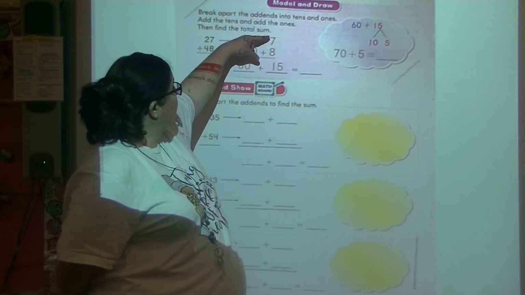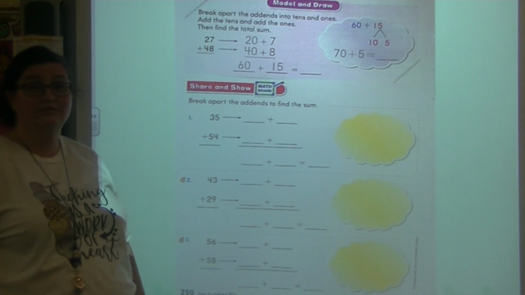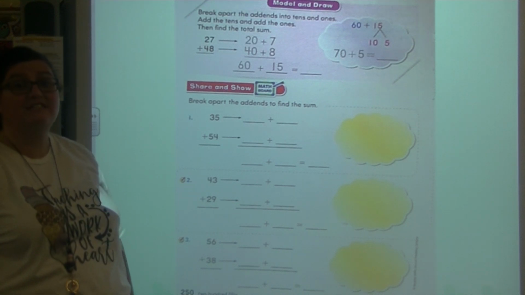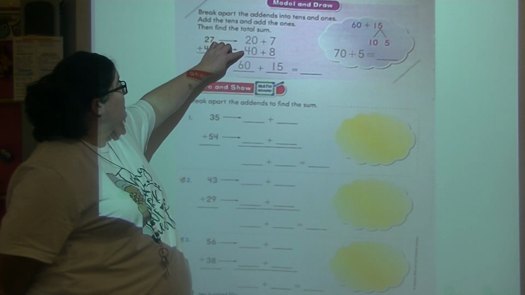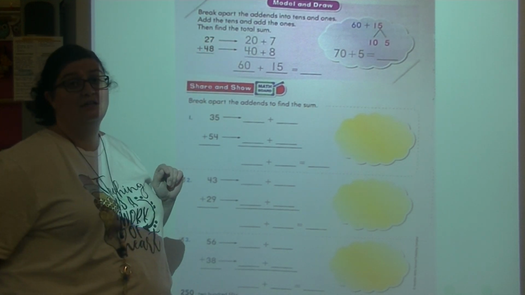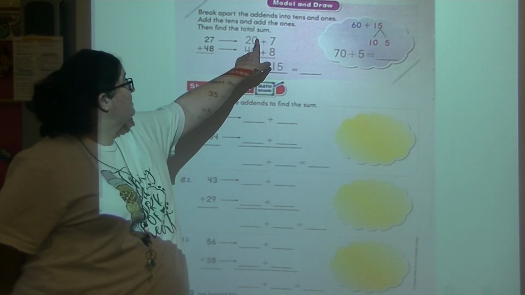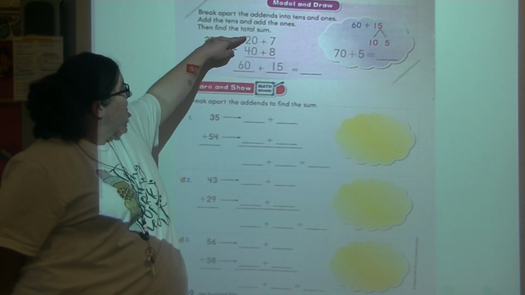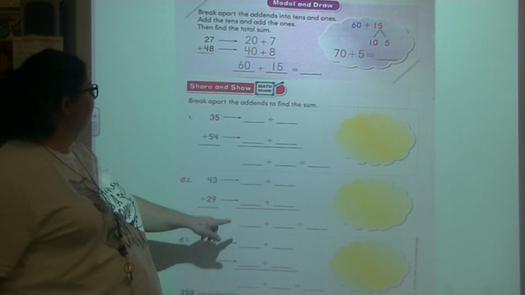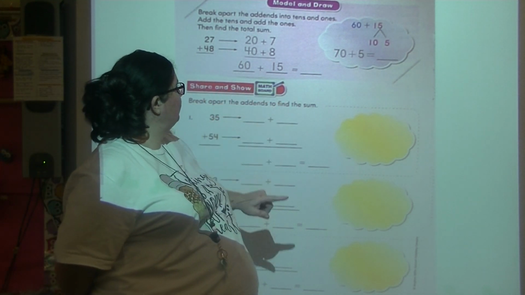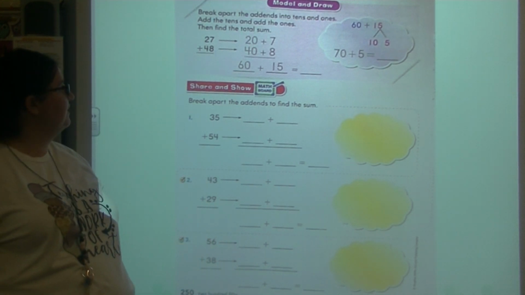So in the ones place, 7 plus 8 equals 15. And 20 plus 40 equals 60. Yes, 2 plus 4 equals 6. 60. Now they have 60 plus 15. How are they going to figure that out?